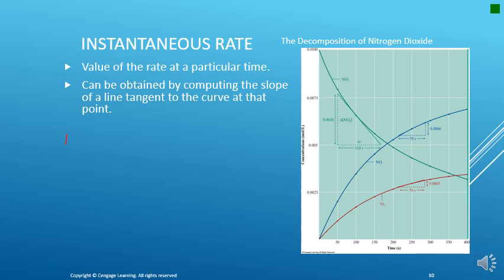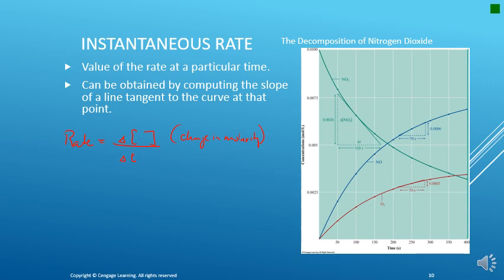So anytime that we're talking about the rate for a reaction, we're talking about a change in the concentration. Remember, we put the concentration as brackets, so that would be our change in molarity per unit time.